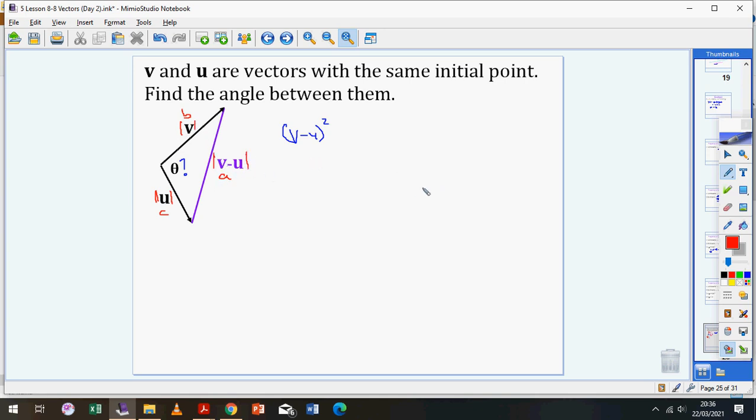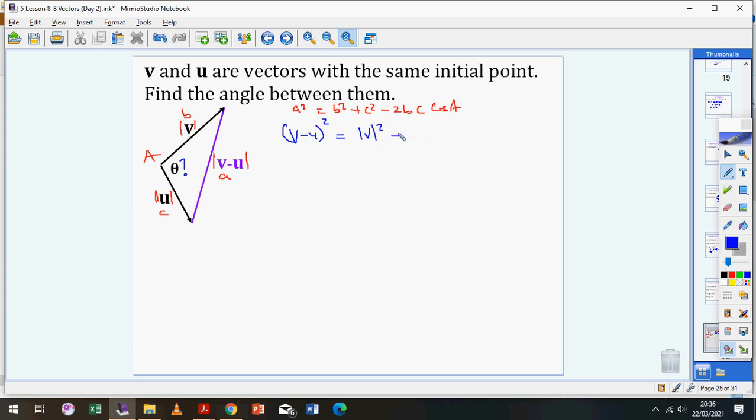So the cosine law would say a squared equals b squared plus c squared minus 2bc cosine A, because this is angle A. So just plugging in with the vectors and magnitudes that I have, v minus u squared will equal b squared, but b is the magnitude of v, right?